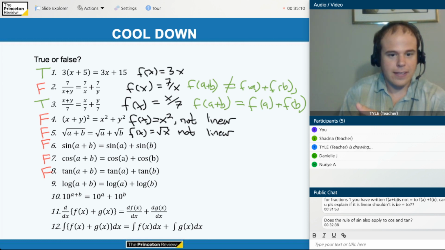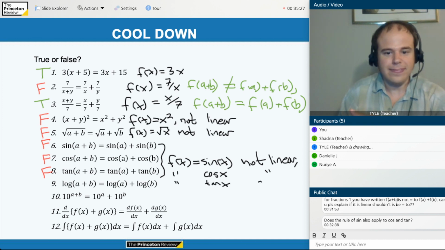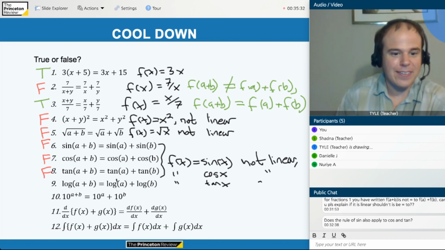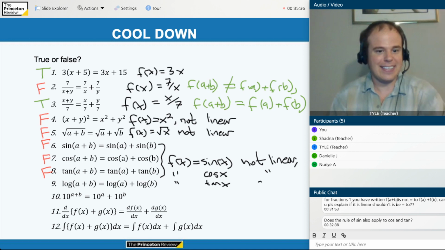So I'll say f of x equals sine of x is not linear, and then ditto for cosine of x and tan of x. None of those is linear. And so in none of those cases are we allowed to just split up the function over the 2 arguments.